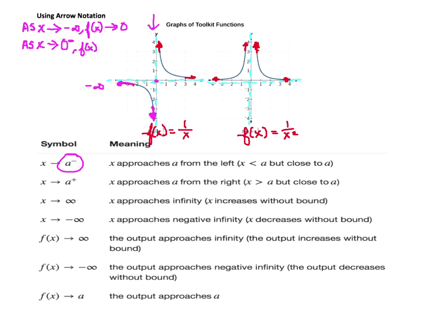I'm approaching 0 from the negative x values. So I have to note that as x approaches 0 from the negative values, my f of x, or my y values, are approaching negative infinity. It's going down, down, down.